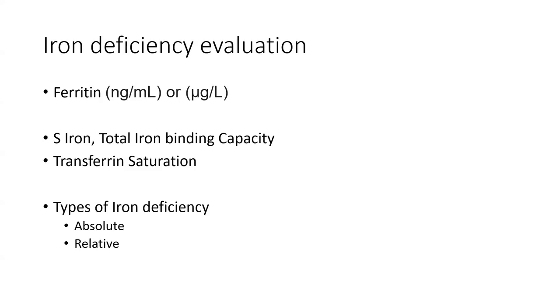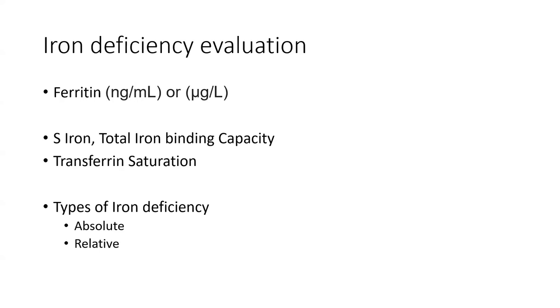It can be measured in two units, nanogram per ml and microgram per liter, and both have the same numerical value. The next thing is the total iron binding capacity, which indicates the level of transferrin. And with this, we can calculate what is called transferrin saturation.